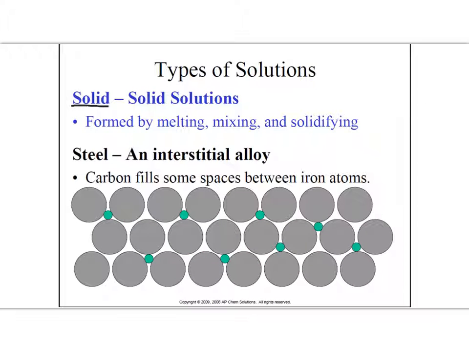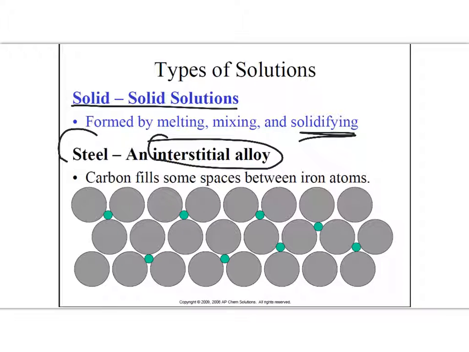So here's another one, solid-solid solutions. These are formed by melting things and then mixing them together and then solidifying it. For example, steel is what's called an interstitial alloy. That's where we have very small carbon atoms come in and occupy some of the spaces between the larger iron atoms. That's called an interstitial alloy because they are filling the spaces in between and they're much smaller.